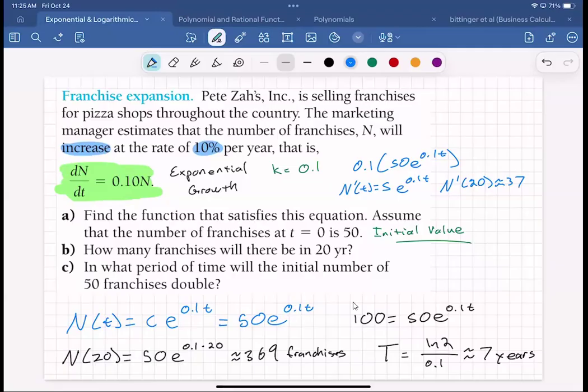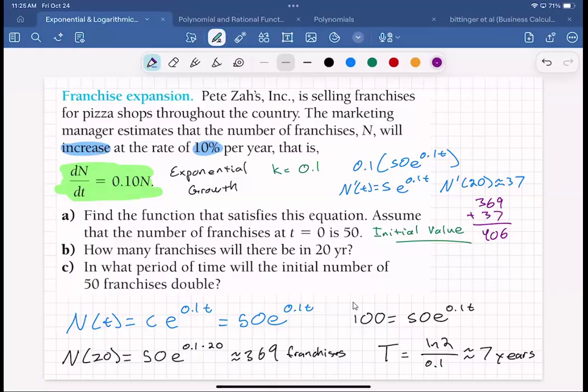What's 369 plus 37? So we just kind of look at it, since we already calculated, that's why I chose that one. 406? Does that agree with the 7-year estimate for doubling time that we just used?